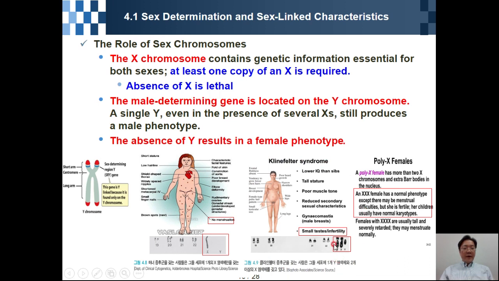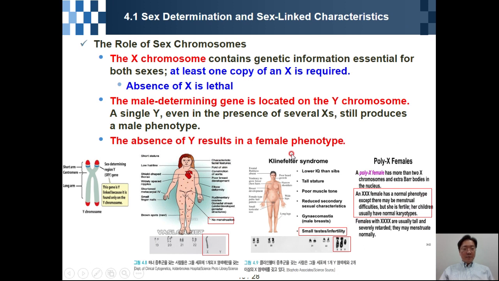Even though they are XXY, XXXY, or XXXYY, their phenotype is still male. But in the absence of Y, Turner syndrome and poly-X female syndrome result in a female phenotype.